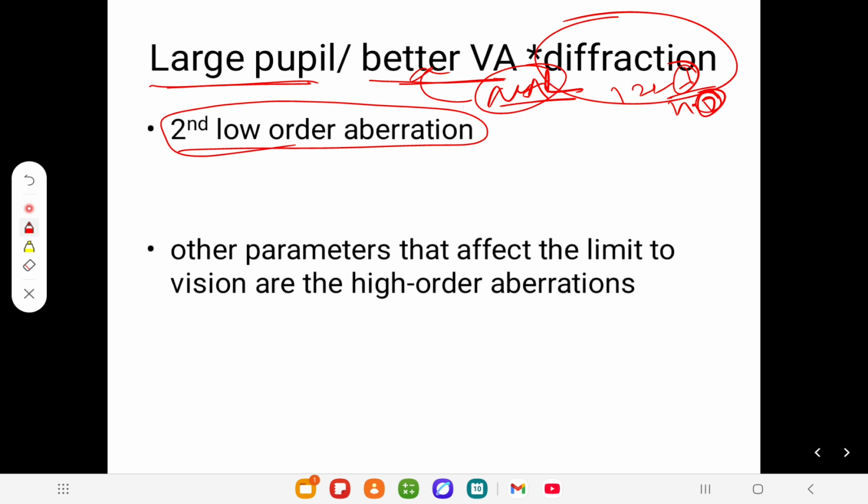And even though we correct the second order aberration, there is a lot of high order aberration in our eyes, even if we are emmetropic. So high order aberration also affects the vision, and that's why in the previous video I talked about how diffraction is not the only equation. So today we are going to talk about the higher aberrations and what they affect.